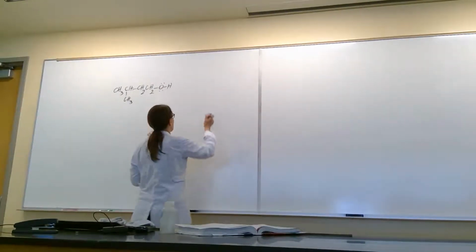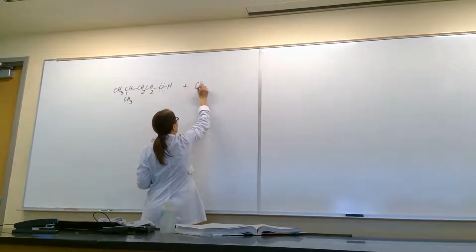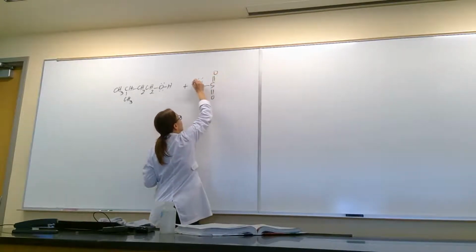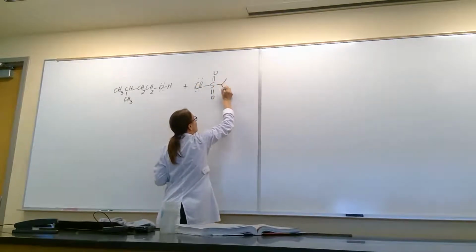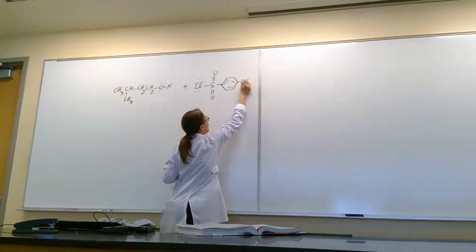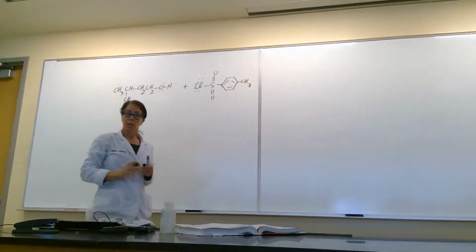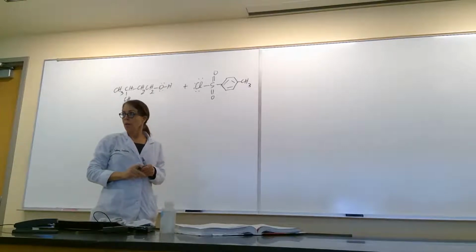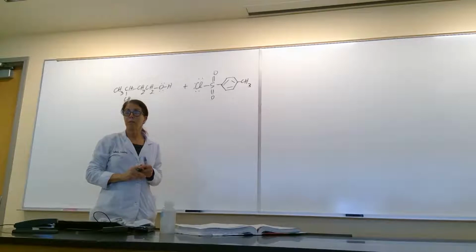Sulfonyl chloride is always, I will start with chloride. Sulfonyl is this. And then toluene is this. By the way, even though I didn't teach nomenclature, you're supposed to know how to name compounds. Okay, so naming is part of your test.